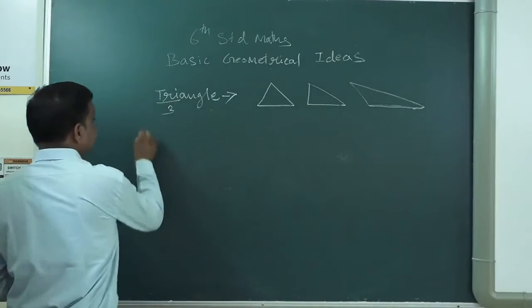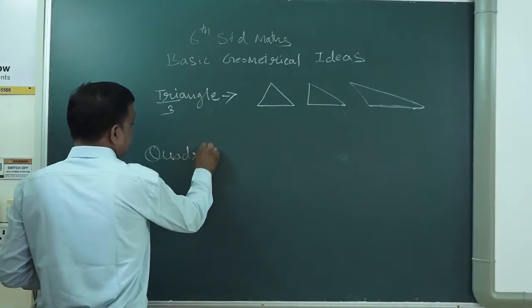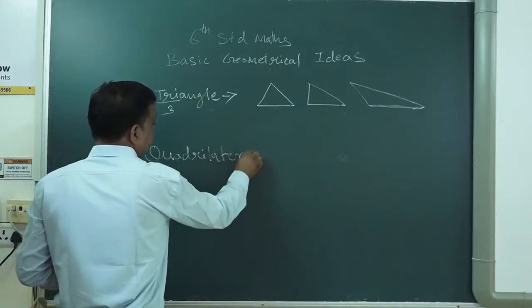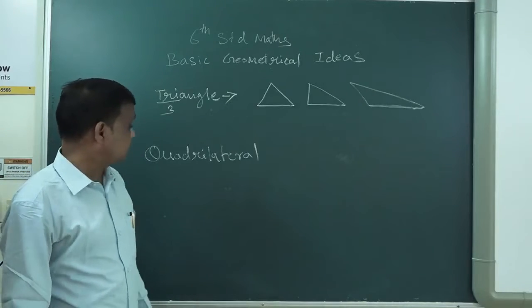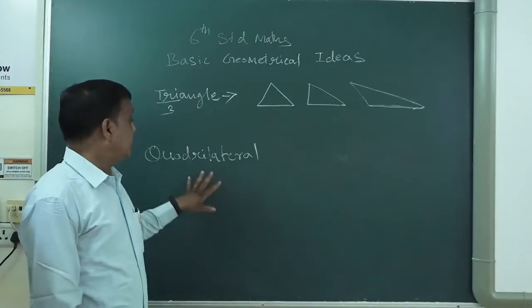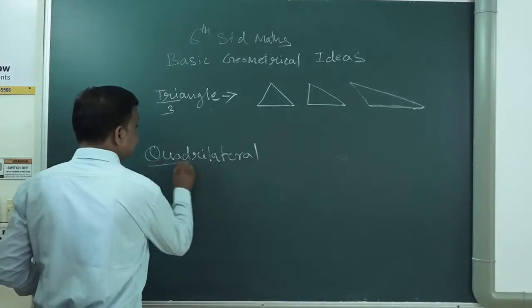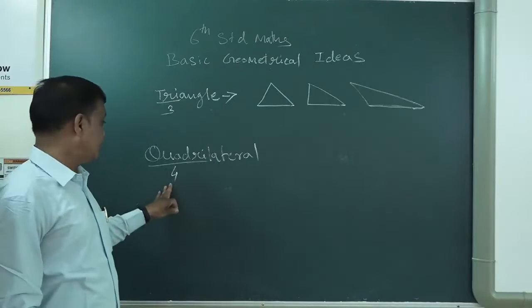Next we will see the quadrilateral. Quadri means 4.